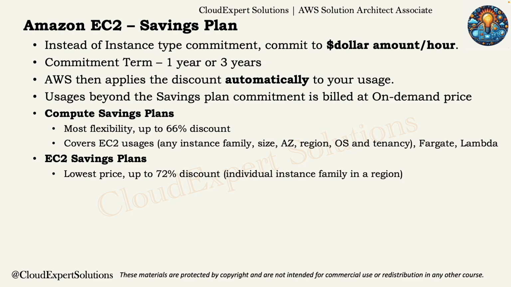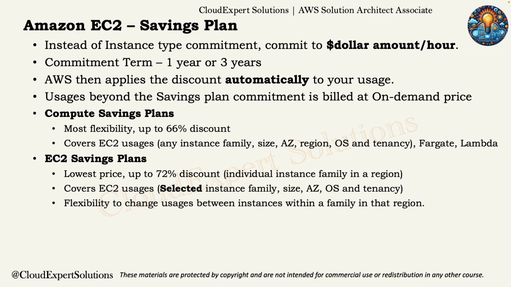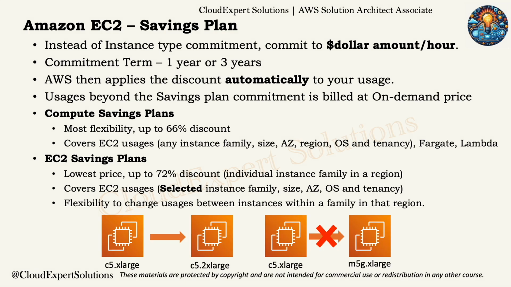This is less flexible than Compute Savings Plans, which is why it provides higher discounts. The EC2 Instance Savings Plan gives you the flexibility to change your usage between instances within a family in that region. For example, you can move from C5 xlarge running Windows to C5 2xlarge running Linux, and AWS will automatically apply the discounts to your compute usage.